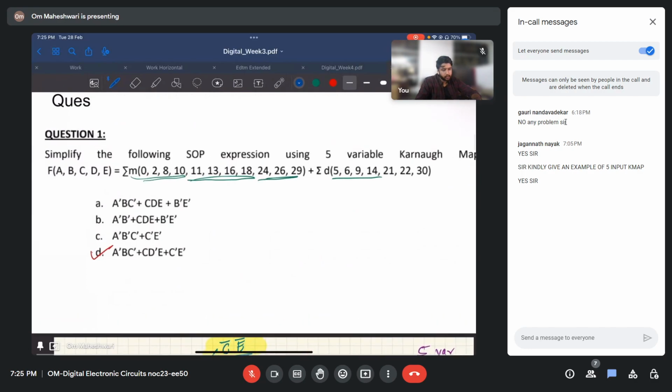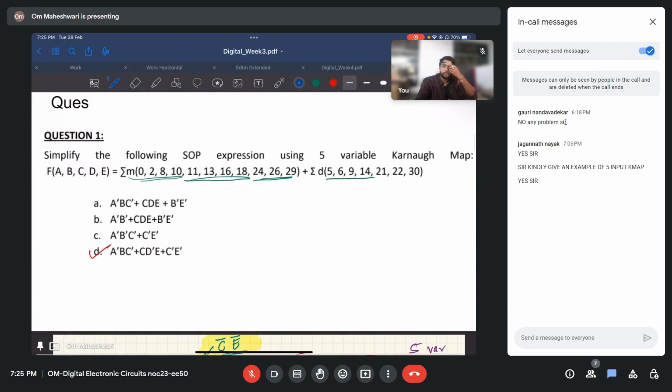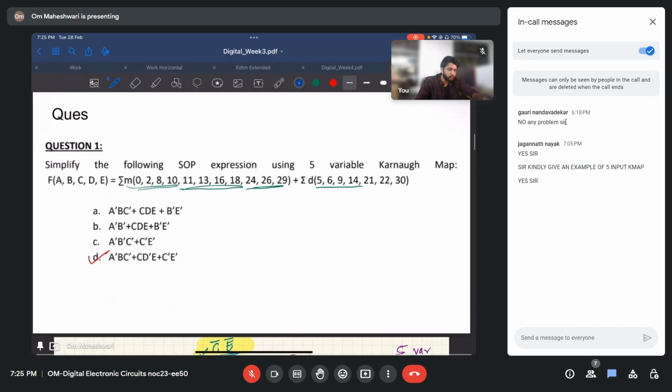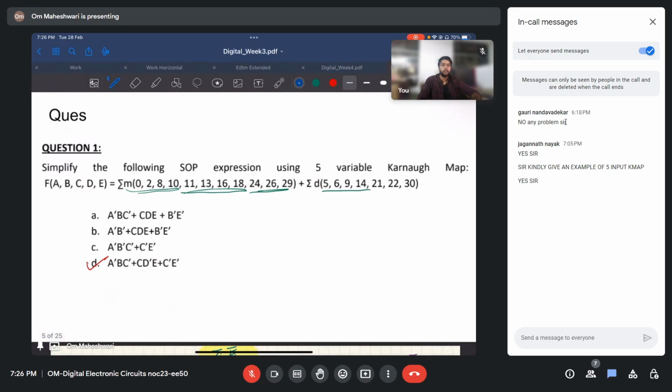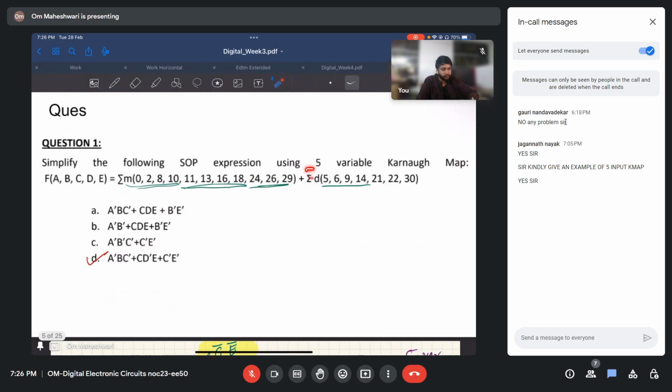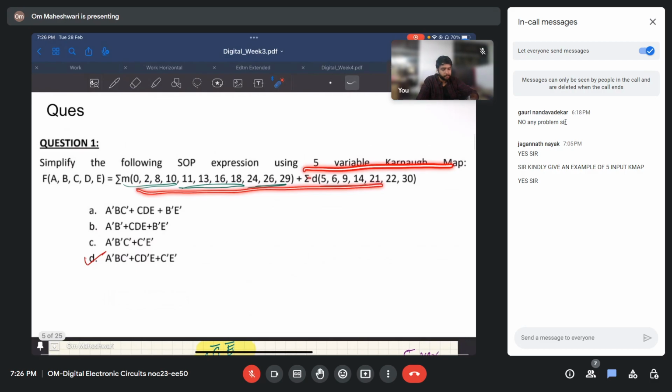Okay, so this is the question, right? Simplify the SOP expression using a 5 variable K map. Jagannath, I'm solving your question, so please pay attention. This was the first question in the last assignment that I had solved. We just had to simplify using a 5 variable K map.